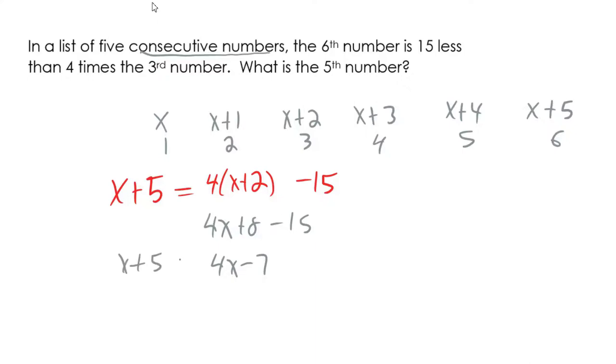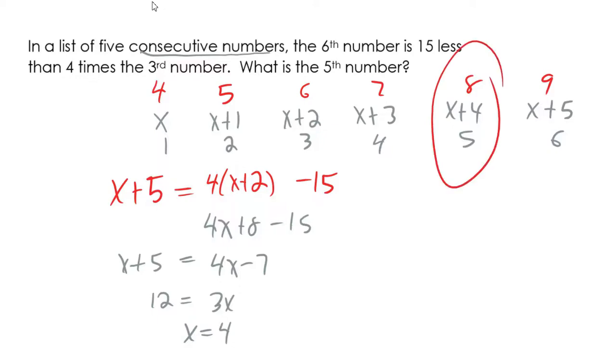So x plus 5 equals 4x minus 7. Take away x from both sides and add 7 to both sides. Divide by 3 on both sides, and you get x equals 4. And so now that we know that x is 4, this number is 4. Add 1, add another, another, another, and another. What is the 5th number? It is 8.